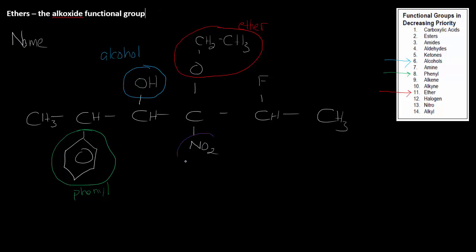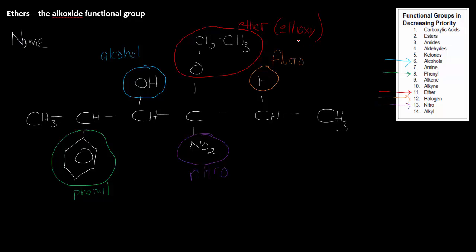I've got my nitro, which comes nearly down at the bottom at number 13. And then my fluorine, which is a type of halogen, so that's at number 12. You can see the highest priority functional group is the alcohol, which means the alcohol needs to get the lowest possible number.